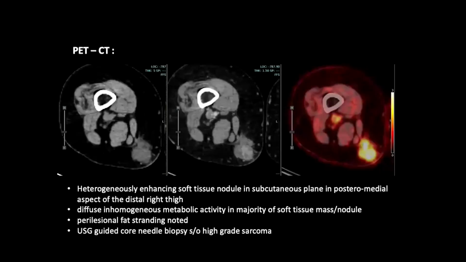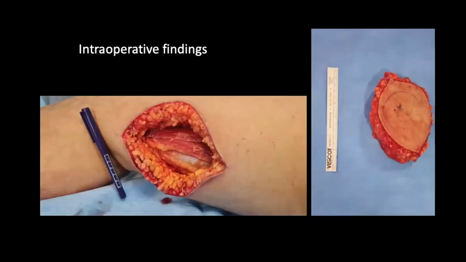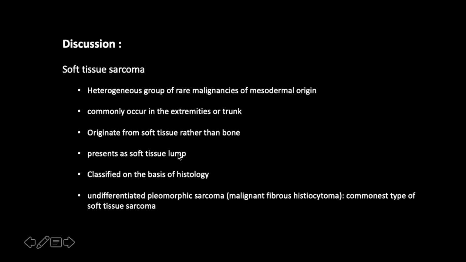Then a PET CT was also done, and we can see this FDG avid nodule in the subcutaneous plane. So it was a strong suspicion of a malignancy. So the patient was operated, and we can see that this was the specimen, this was the malignancy, and this is the surgical bed.